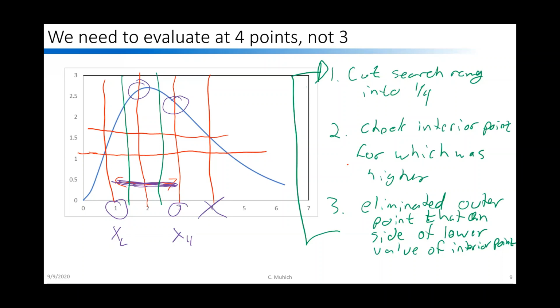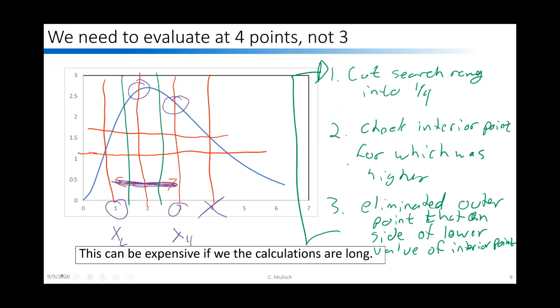Now, the problem with this is this can be very expensive, right? I had to calculate not only points 1 and 0.4, and then 2 and 3, but when I move on to the next step, I need to recalculate these two new points that are going to divide us into quarters.